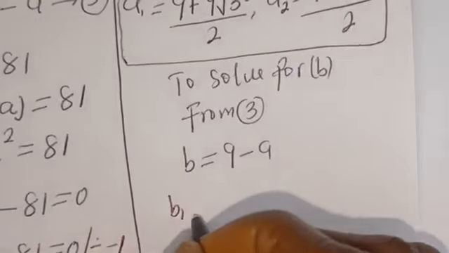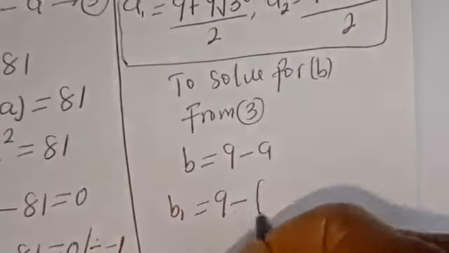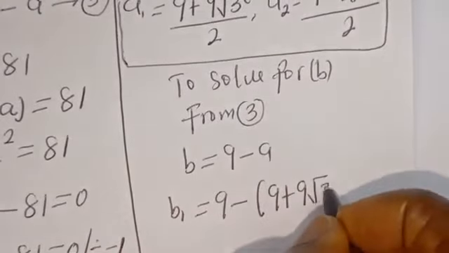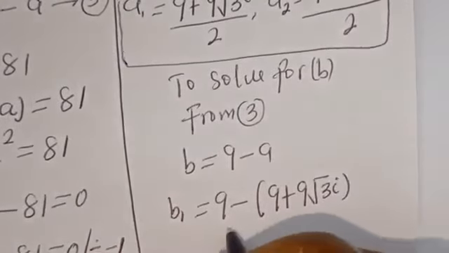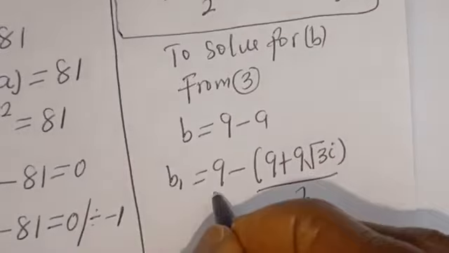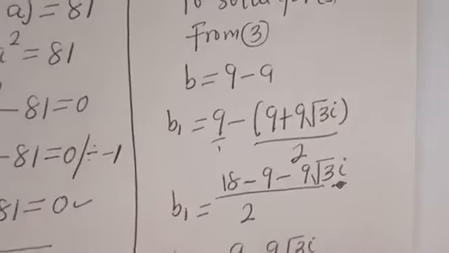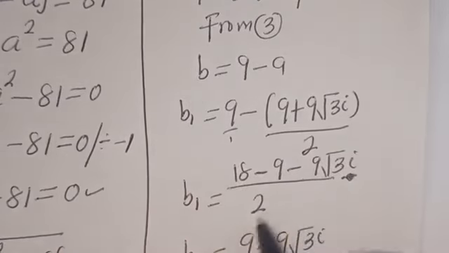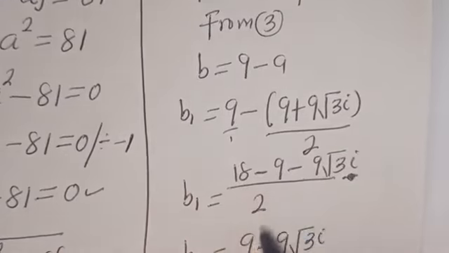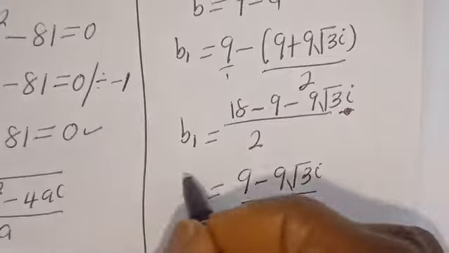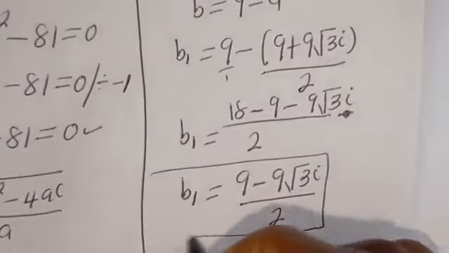Now b1 will be equal to 9 minus a1, is 9 plus 9 root 3i divided by 2. Then this is over 1. Yes, 18 minus 9 root 3i over 2. Then b1 is now 18 minus 9, that is 9 minus 9 root 3i over 2. This is the value of b1.